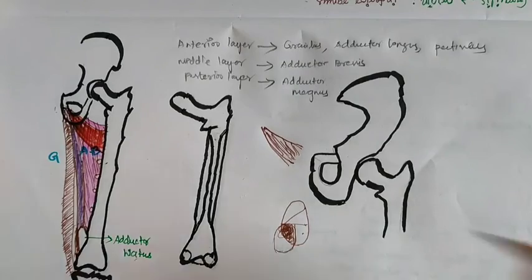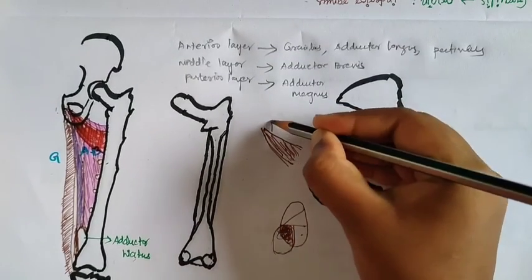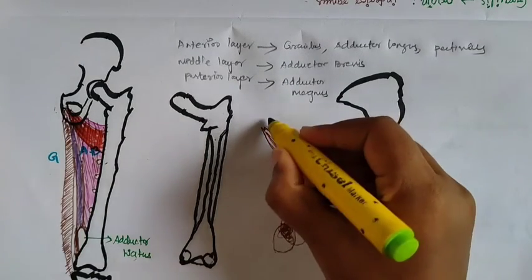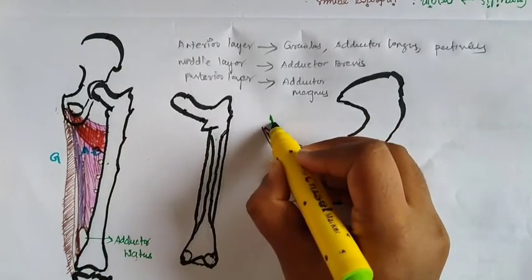This adductor brevis muscle separates the obturator nerve into two divisions.